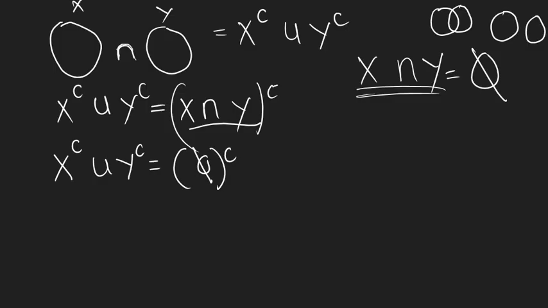What is the complement of the empty set? You are just going to get everything in the universal set. In other words, the complement of the empty set is the universal set. So that is how you simplify this particular question.